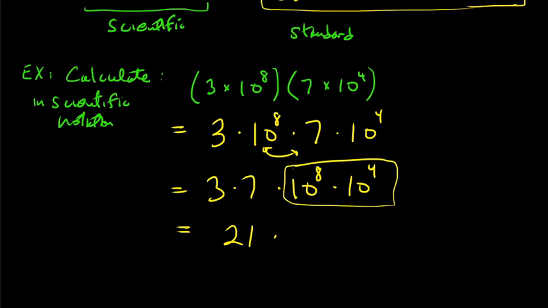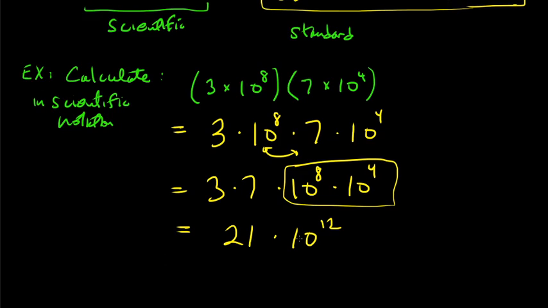What's 10 to the 8 times 10 to the 4? Well, we have the same base, so it's 10 to the power 8 plus 4, by the exponent rules that we learned in the last section. And 8 plus 4 is 12. Right? So we get 21 times 10 to the 12.